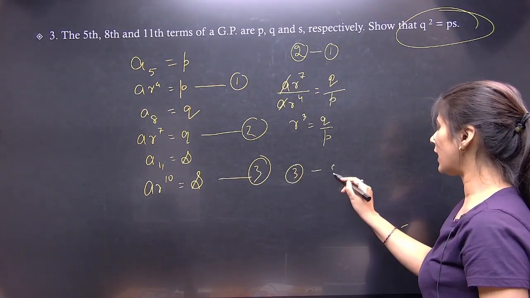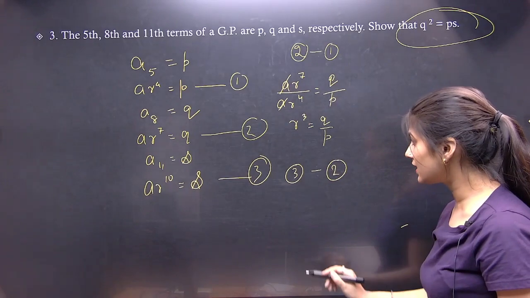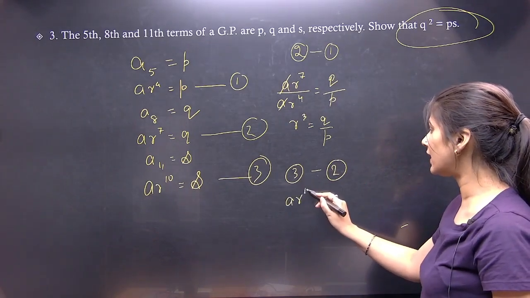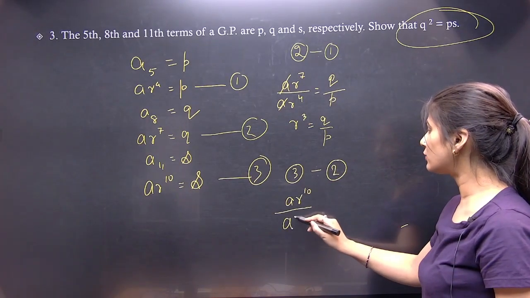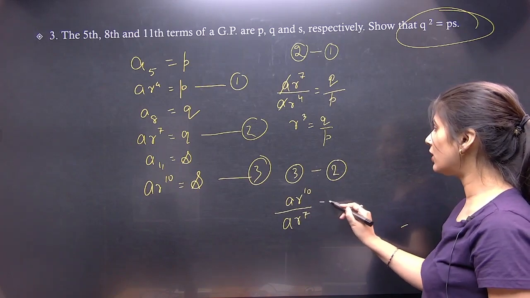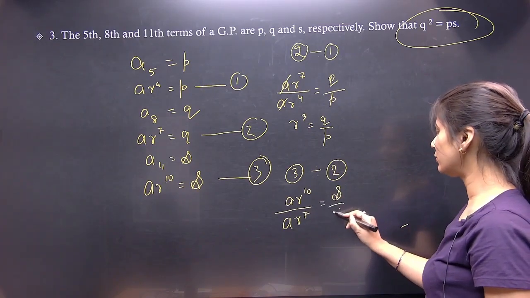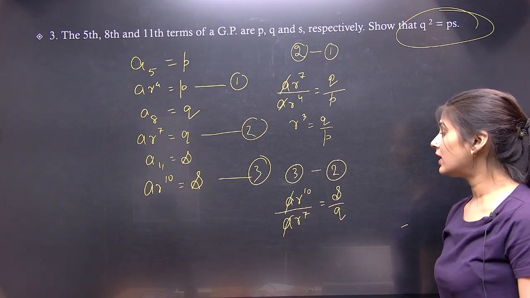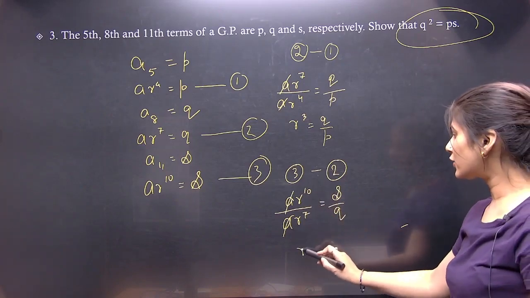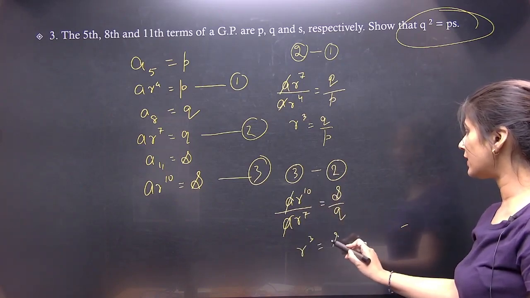Equation 3 is AR^10 by AR^7 is equal to S by Q. Again, it will give 10 minus 7, R cube is equal to S by Q.